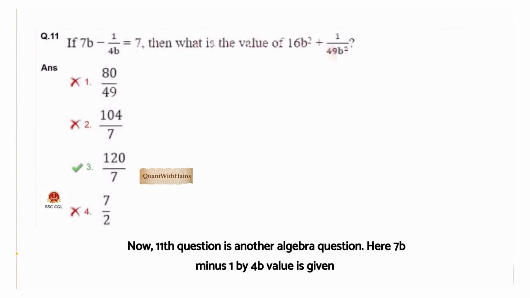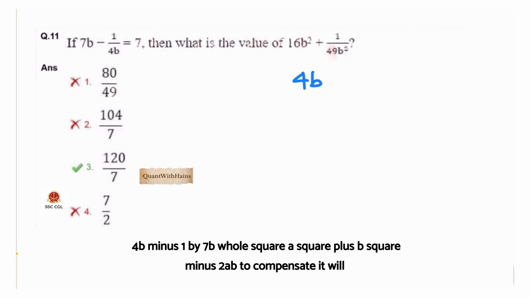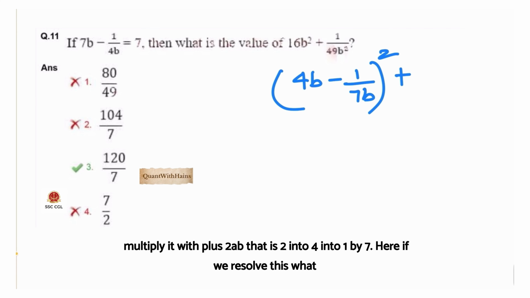Here 7b minus 1 by 4b is given as 7. They are asking to find 16b square plus 1 by 49b square. Here we can write it as 4b minus 1 by 7b whole square, a square plus b square minus 2ab. To compensate, we multiply it with plus 2ab, that is 2 into 4 into 1 by 7.